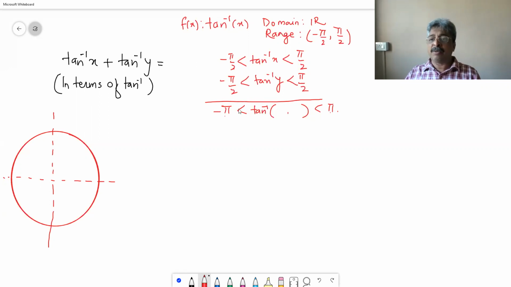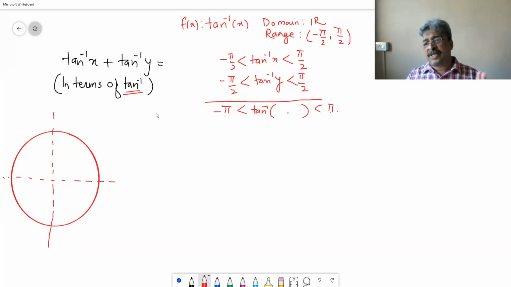This problem becomes involved because the moment you add two angles, the total angle goes out of the range of tan inverse, and therefore we have to break this problem into parts and solve it.